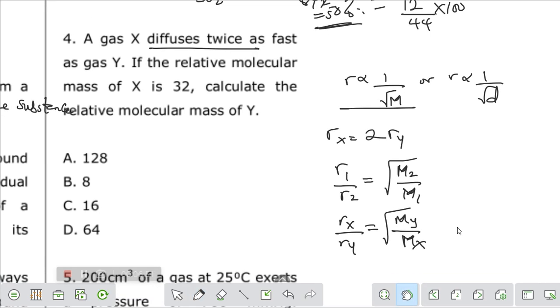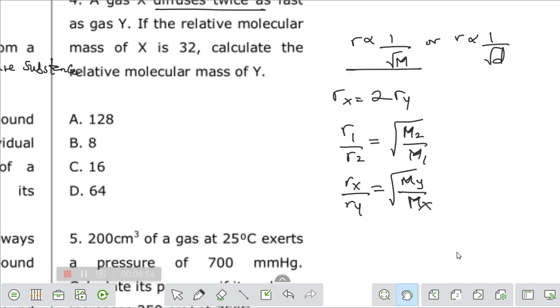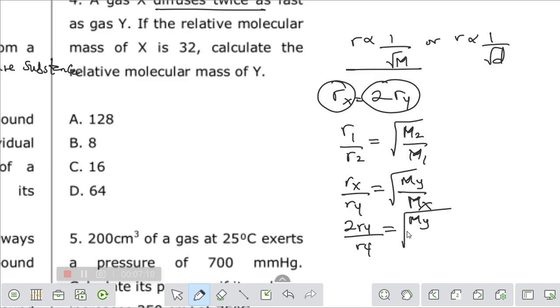So the next thing we want to do here is, in place of Rx, you now put 2Ry there. So it will be 2Ry over Ry is equal to the square root of My over Mx. They're asking us to find My. Mx, the molar mass of X, is 32. So Ry cancels Ry.